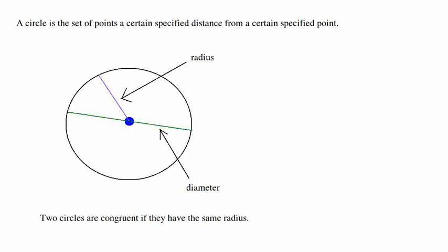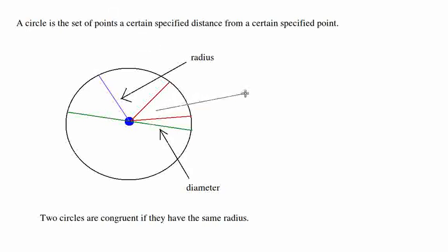Now, let me make one more comment about circles. So, if you define an angle with its vertex at the center of a circle, all right? So I've just denoted an angle with two red line segments, okay?